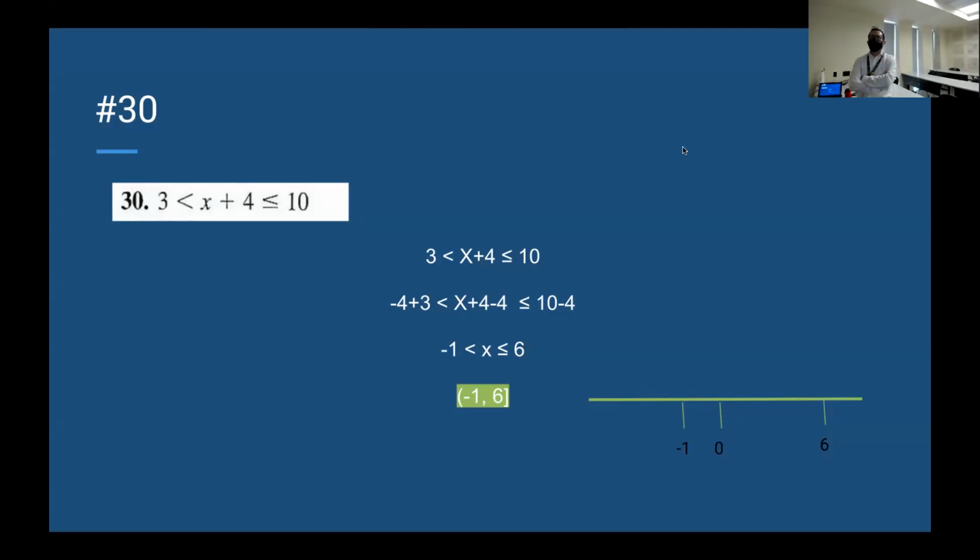Mhm. Perfect, perfect. I'm glad both teams solved it differently. In the case of you guys, you decided, and this is correct, well done, not to separate the inequality, right?